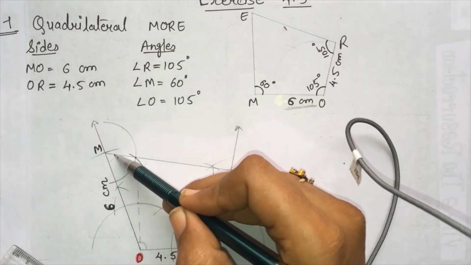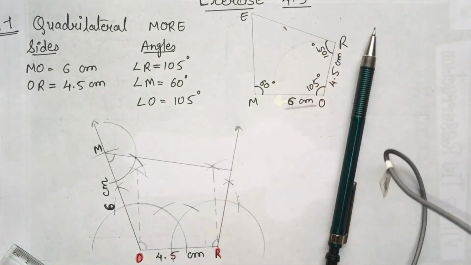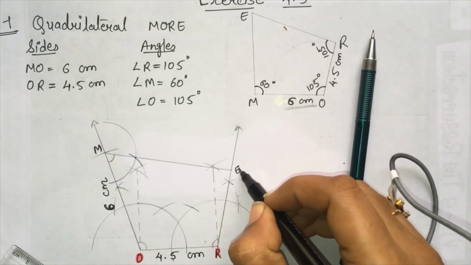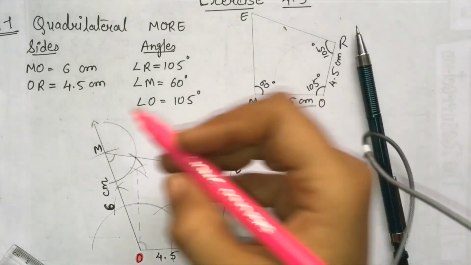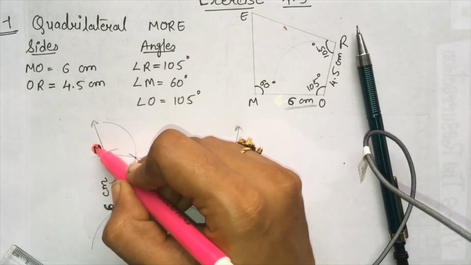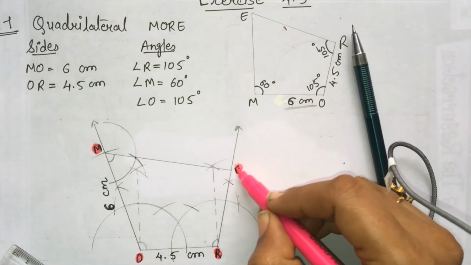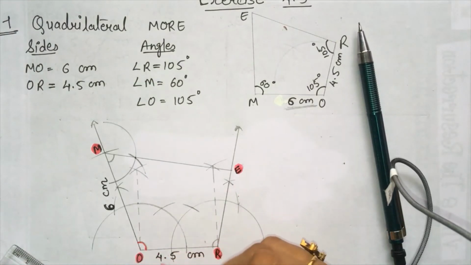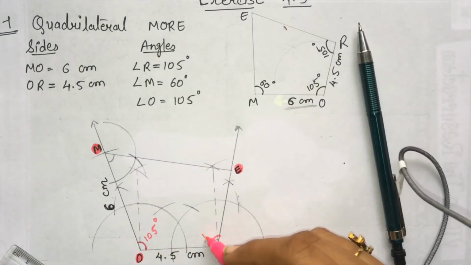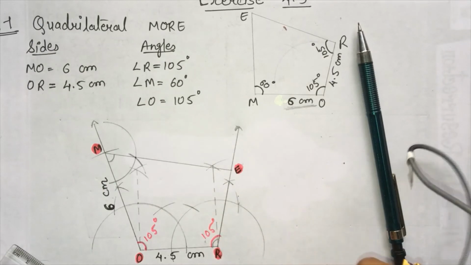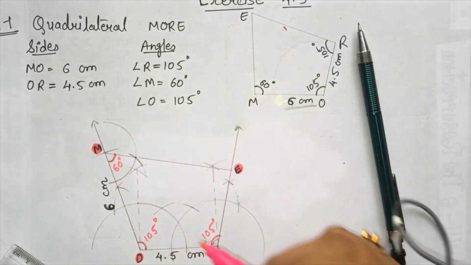So this angle is 60 degree angle, and this point of intersection we can name as E. So this is the desired quadrilateral MORE, where O is 105, R is also 105, and this M is 60 degree.